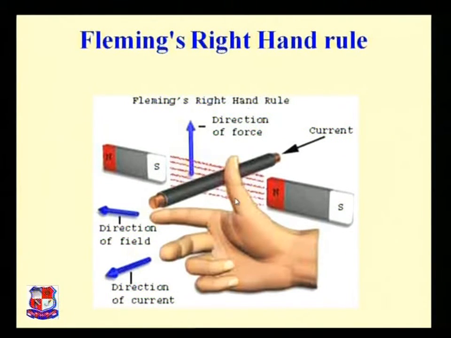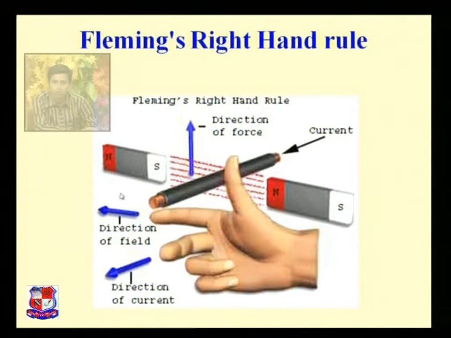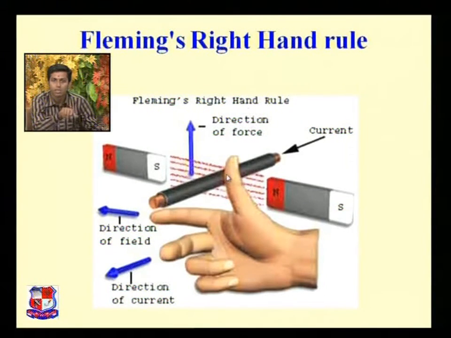Then your second finger points outwards from the screen or plane, so the current is in this direction. Similarly, if the force is downward, put your thumb downward, and the current goes inside the paper.